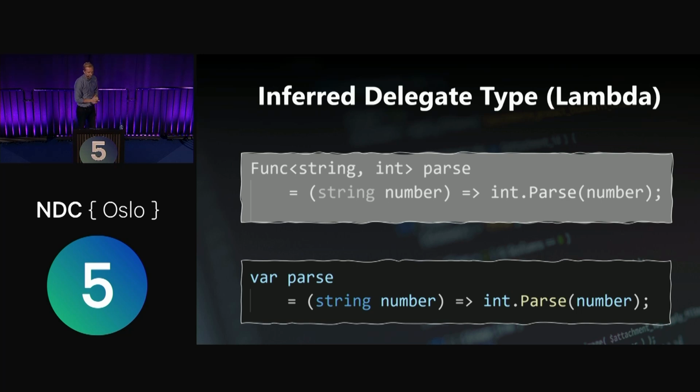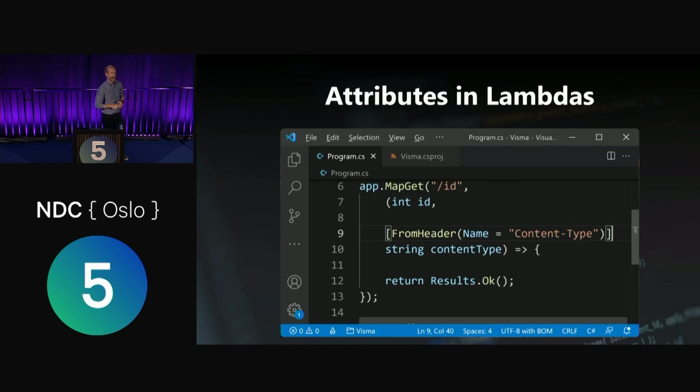Another thing in C# 10 is that they're now allowing attributes in lambdas. So this here is a minimal API. There's a little bit more code to this here, but if you go into the .NET CLI and type dotnet new web, you'll get something that looks like this here. So it creates a console application that has a few of these different method calls where it passes an anonymous method into it.